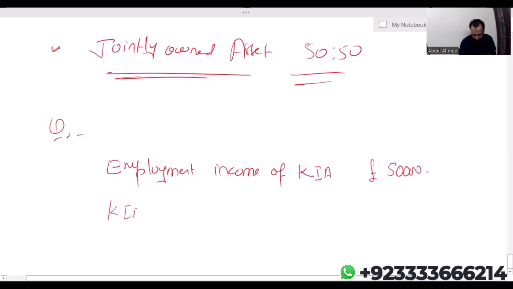Kia received interest from bank, 1,000 pound.